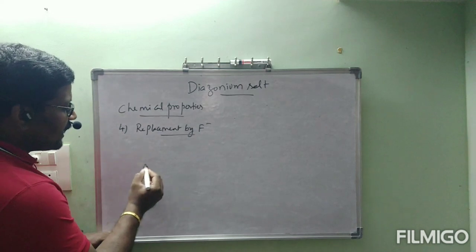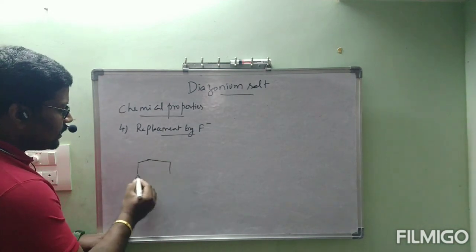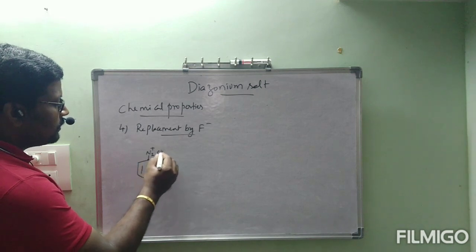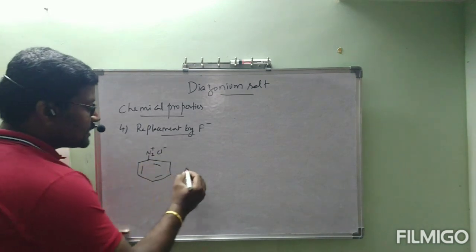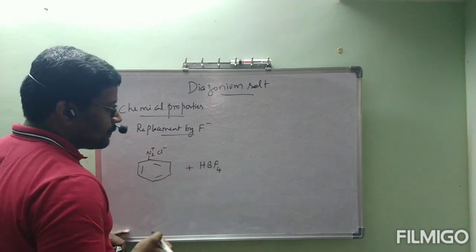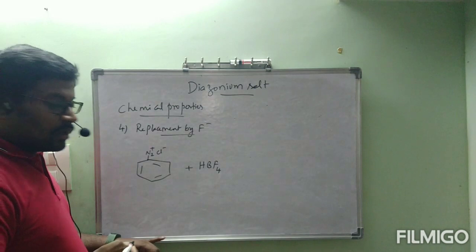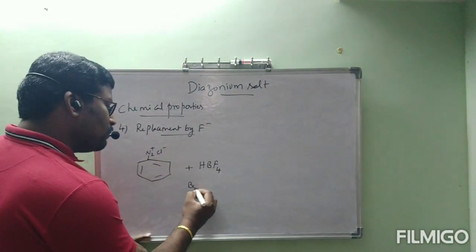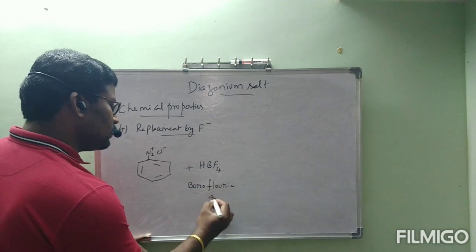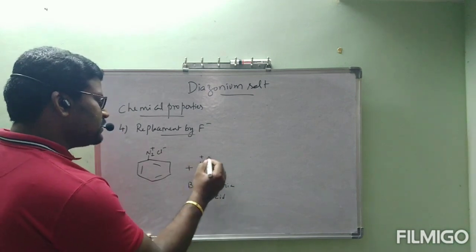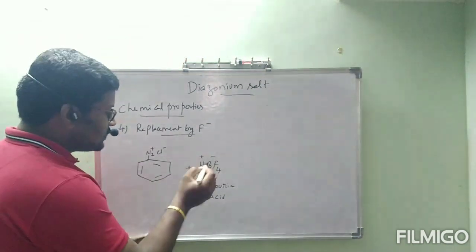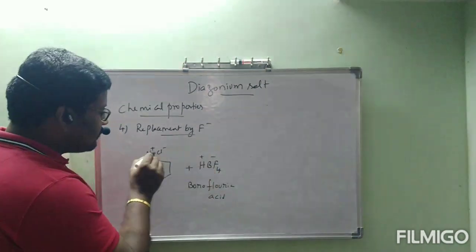First, again the same benzene diazonium chloride, C6H5N2+ Cl-, reacts with HBF4, borofluoric acid, H+ BF4-. Then this BF4- will replace the Cl-.